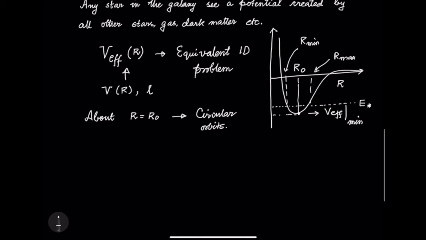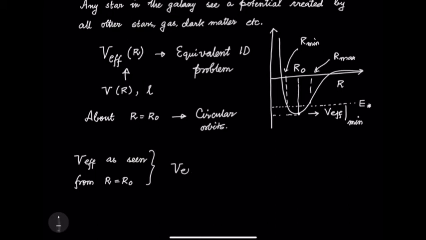So what we will do is write V effective as seen from R equals R naught, which essentially means that we are expanding it around R naught. Let's see what happens.